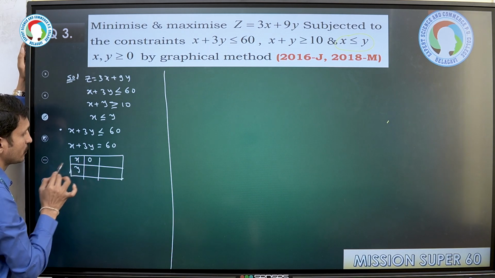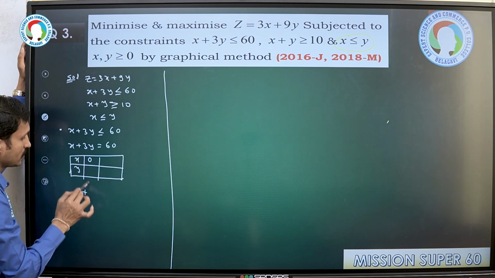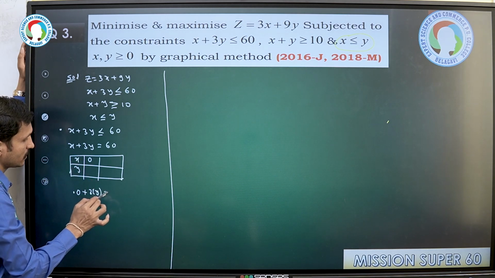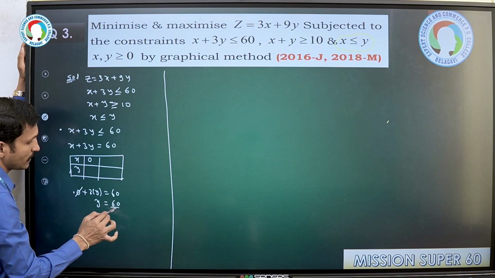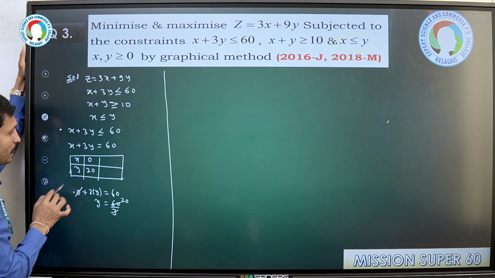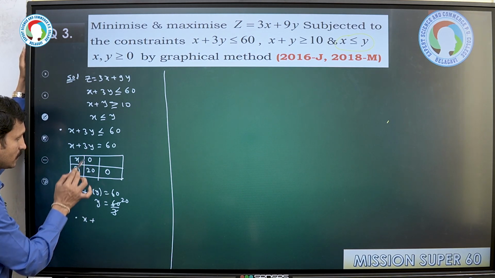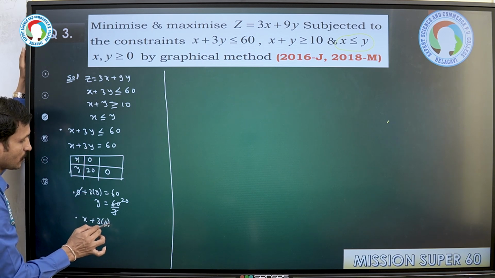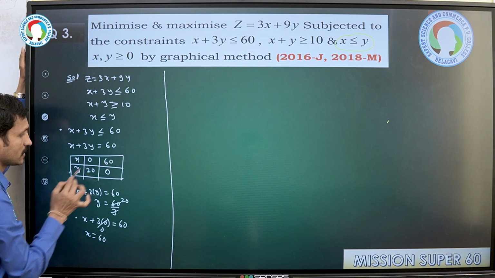If you put x value as 0, then 0 plus 3 times y equals 60, so y equals 60 divided by 3, which is 20. If you put y value as 0, then x plus 3 times 0 equals 60, so x directly is 60.